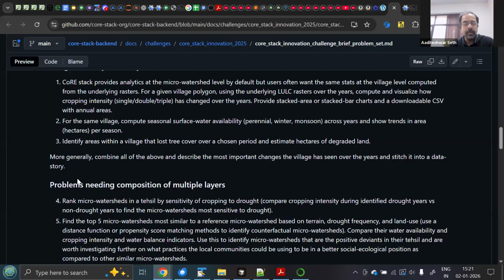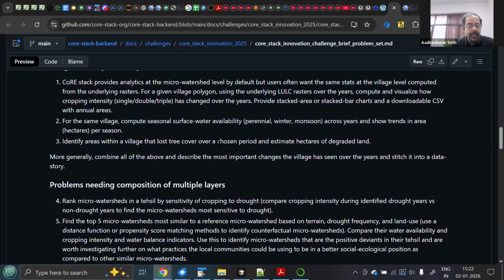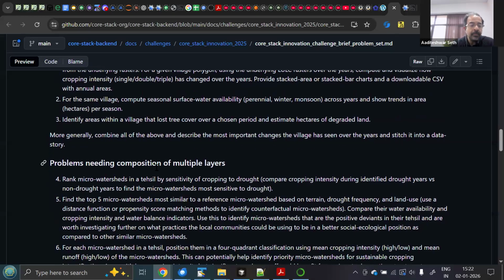You can launch APIs to see if that village has been in the news related to degradation and pull in that news story. So that could become a very nice way of combining data that you can get from the CoStack satellite datasets and everything that we process with some news that might have come about.